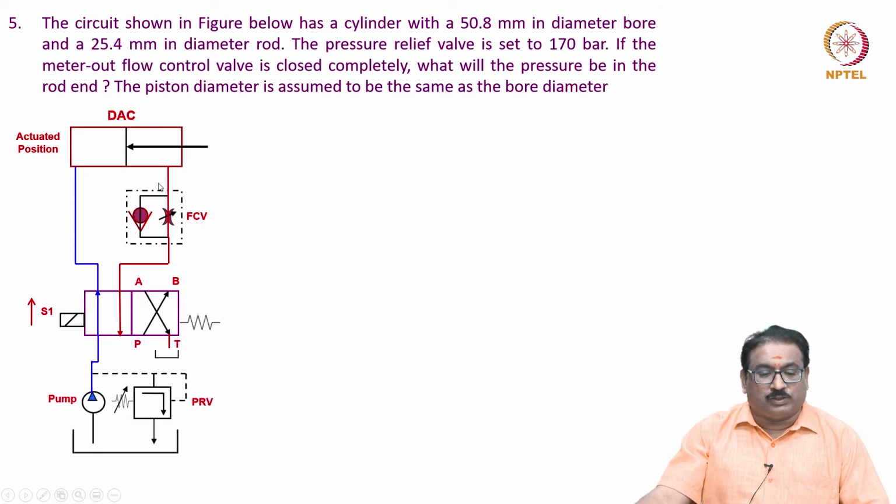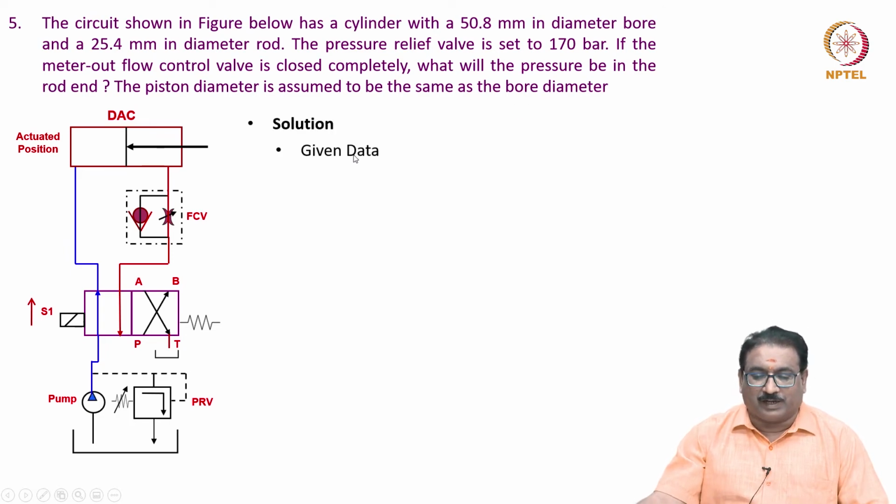If the meter out flow control valve is closed completely, because you will see here meter out outflow is controlled, what will the pressure be in the rod end?